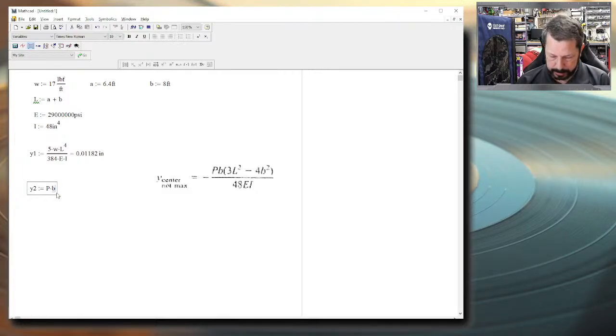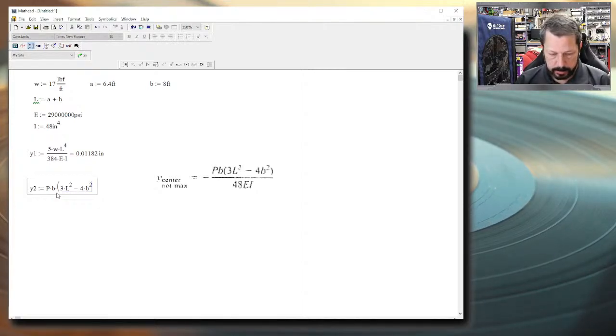P times B times 3 capital L squared minus, oh, you know what? Oh yeah, I did put a value for L. L is one that, if you don't put a value in there, it'll go along with it, but it thinks it's the units of liters, so you have to be careful with it.